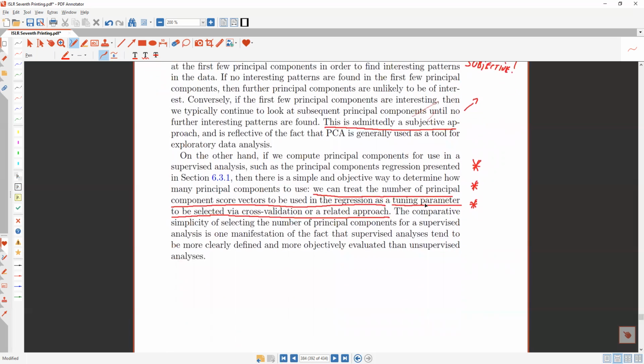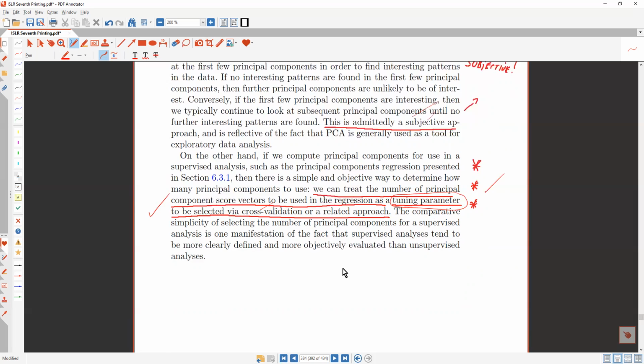And here's what we were talking about just earlier. This is the same thing as we talked about, 3 stars, because remember the last time, when we stopped talking about ridge and the lasso, we stopped at principal components analysis. And I said, well, we're going to survey principal components analysis, and then we're going to see how it can be used in that procedure. Well, this is one example of how it can be used. And this is really interesting because the authors here say that it could be used as a tuning parameter to be selected via cross-validation. Okay, this is a really nice idea.